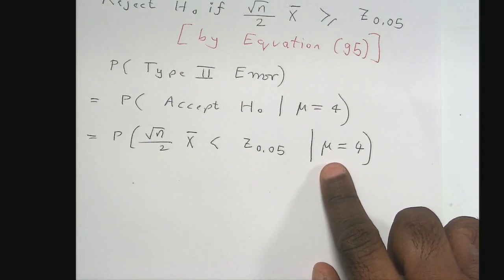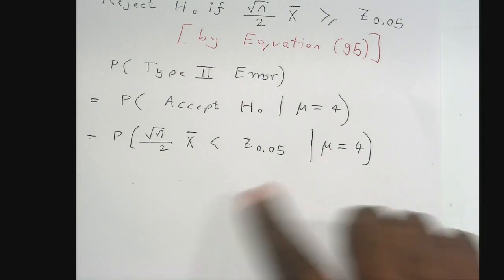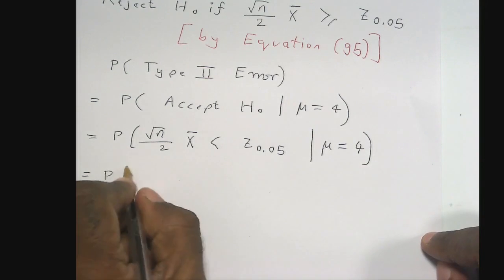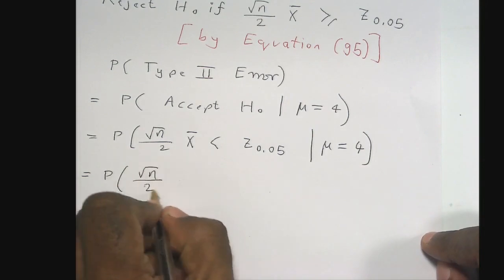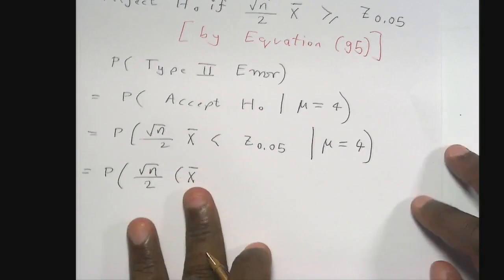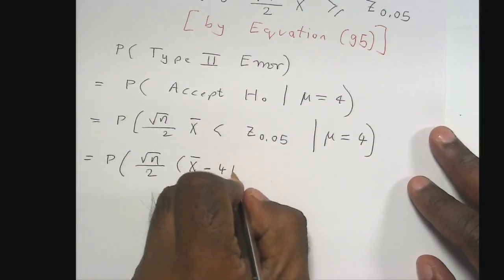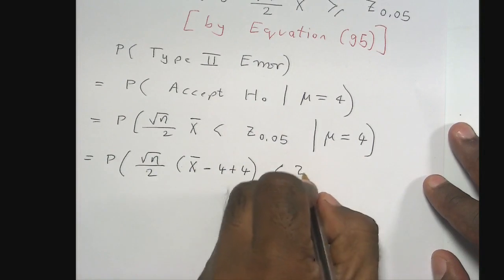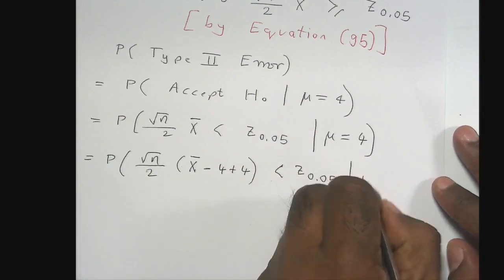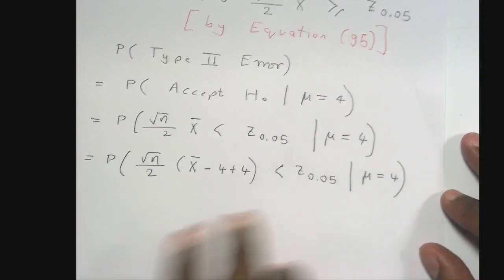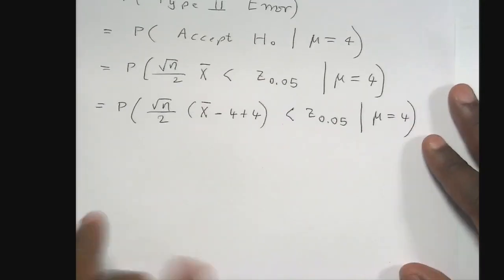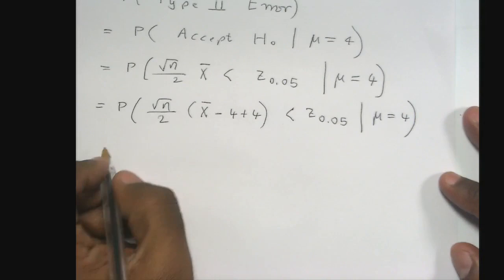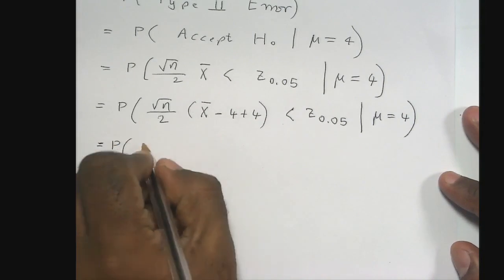The true population mean is equal to 4, guys. Now in order to use the rule that I used last time, I'm going to subtract a 4 and add a 4. You will see why I'm doing this in a minute, because I have, for a purpose, a minus 4 and a plus 4.